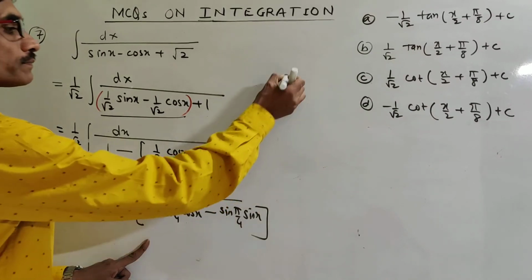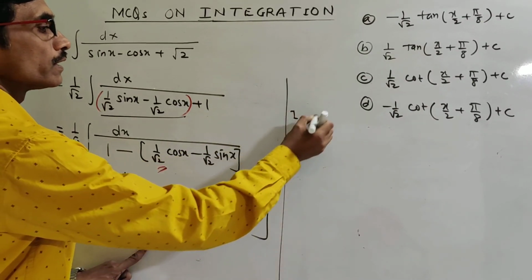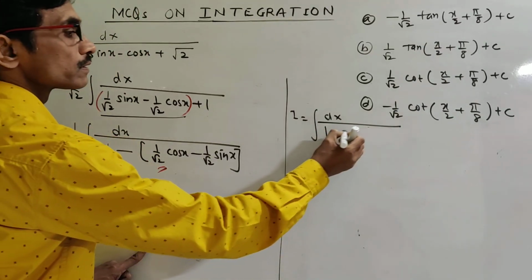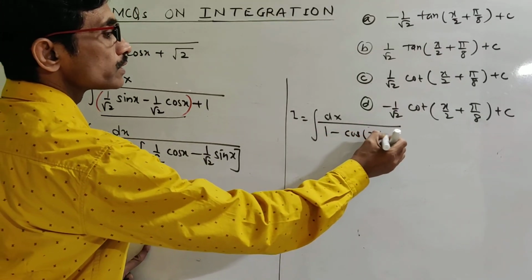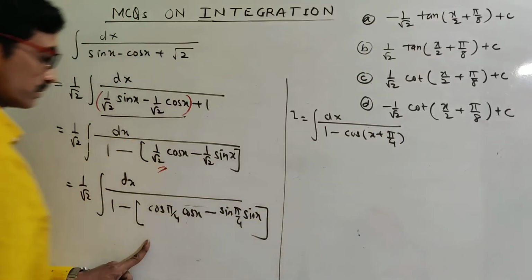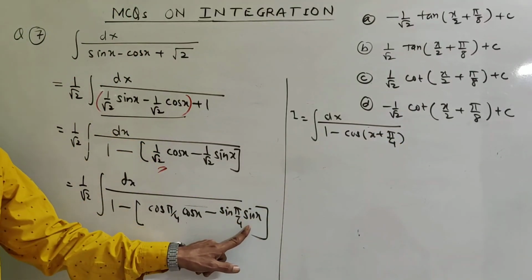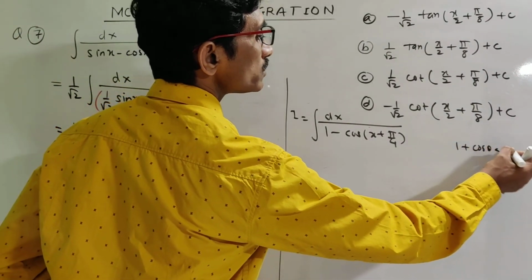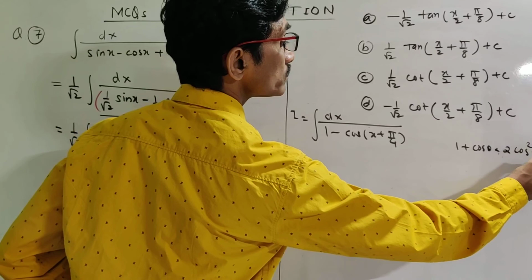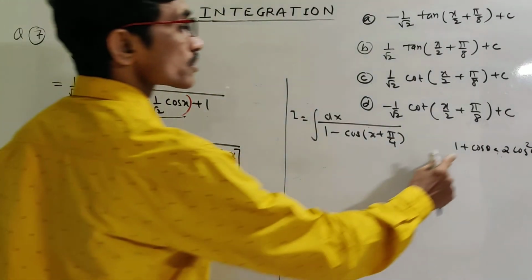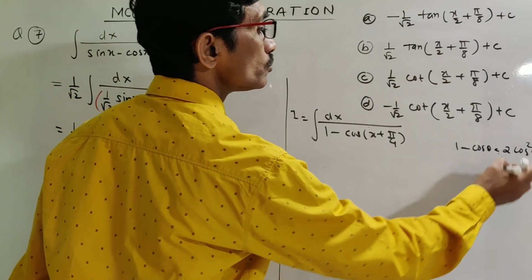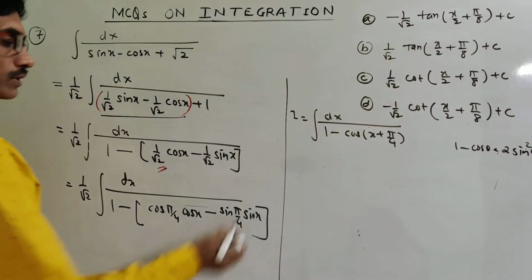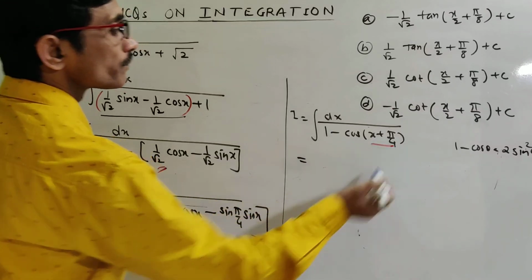So this will be integral dx upon 1 minus cos of x plus pi by 4, and we are having 1 plus cos theta, which is 2 cos square theta by 2. 1 minus cos theta is 2 sin square theta by 2. So this is our theta.